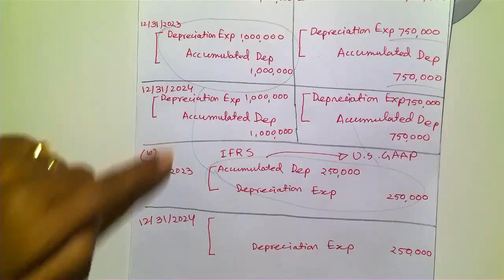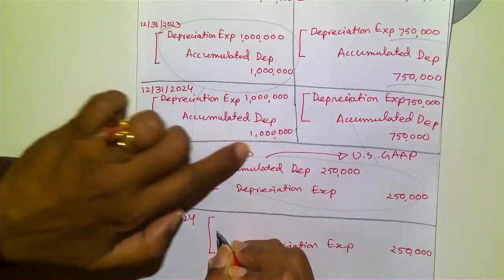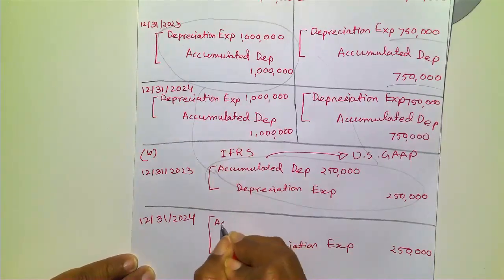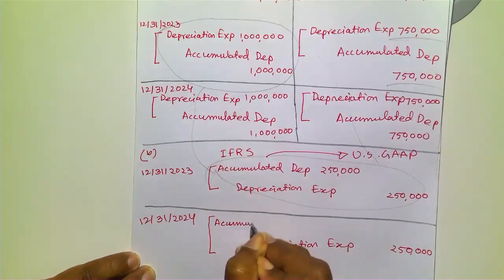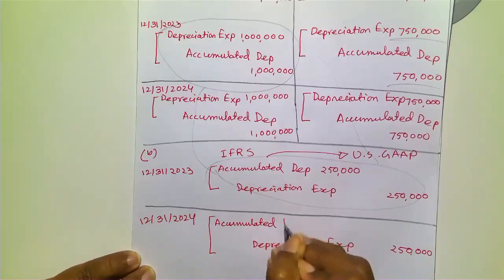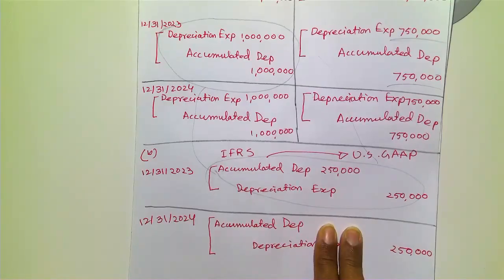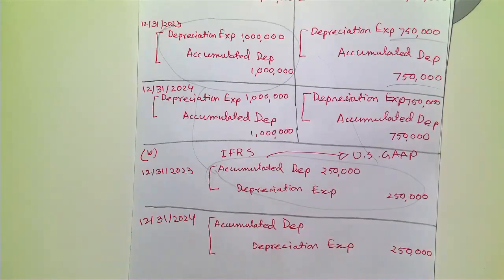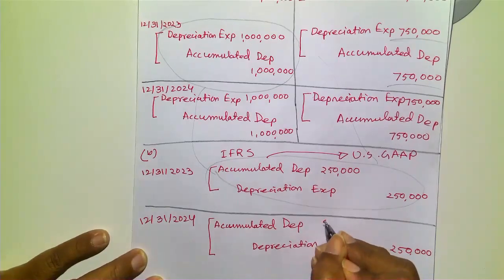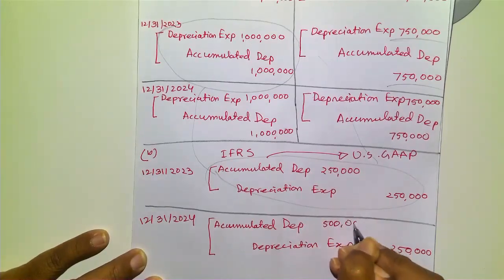Lower, it's a debit thing, as it's a credit item. So I'll debit accumulated depreciation by how much? Yes, 500, right? Because it's 2 years cumulative impact. So accumulated depreciation, we debit it 500,000.